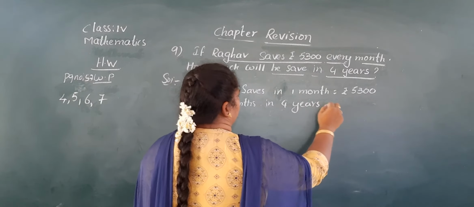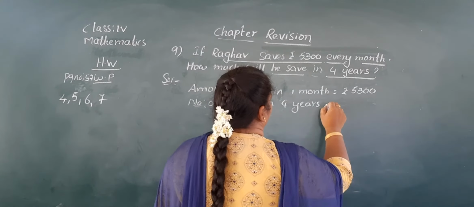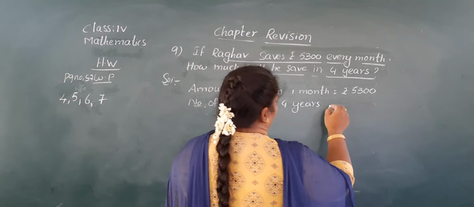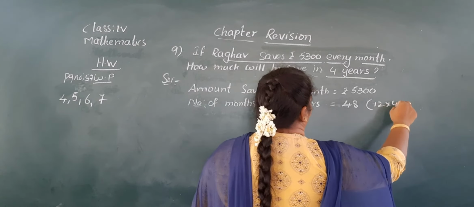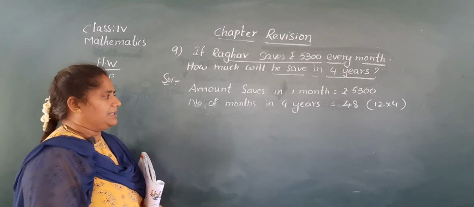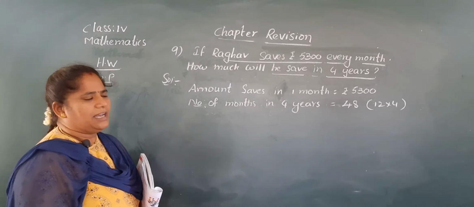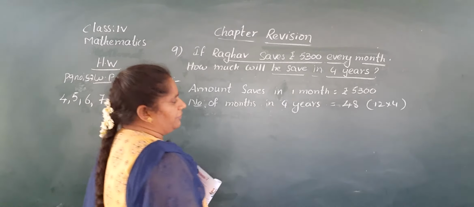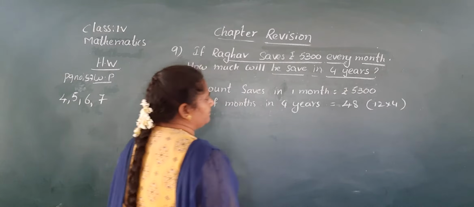Number of months in 4 years is equal to 12 into 4, which is 48. How do you get this? You should keep a bracket: 12 into 4. So 1 year is equal to 12 months, so the number of months in 4 years is 12 fours, which are 48. So in the bracket you have to keep 12 into 4.